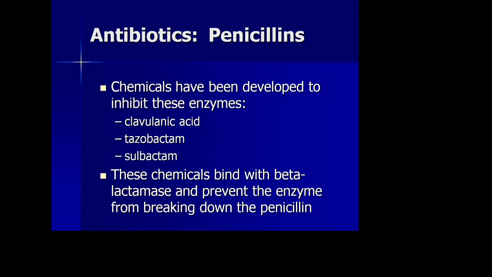Chemicals have been developed to inhibit these enzymes, like clavulanic acid, tazobactam, and sulbactam. These chemicals bind with the bacterial beta-lactamase enzyme and prevent the breakdown of penicillin, and so reduce the resistance against penicillin.